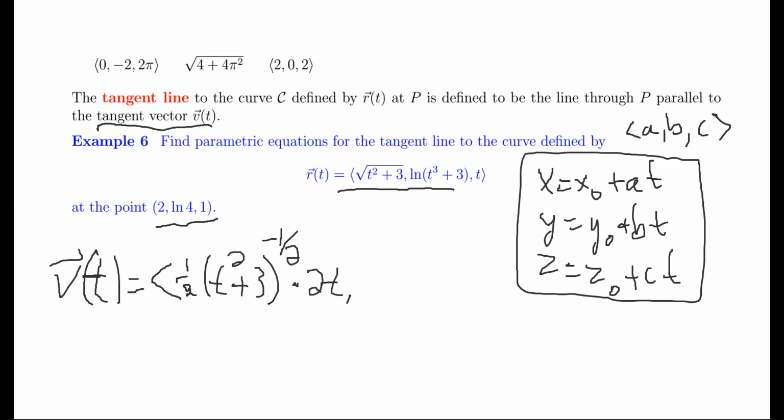Do our chain rule for the derivative there. All right, and then we have the derivative of ln of t cubed plus 3. And the derivative of that is 1 over t cubed plus 3 times 3t squared. And the derivative of t is 1 for the third coordinate.